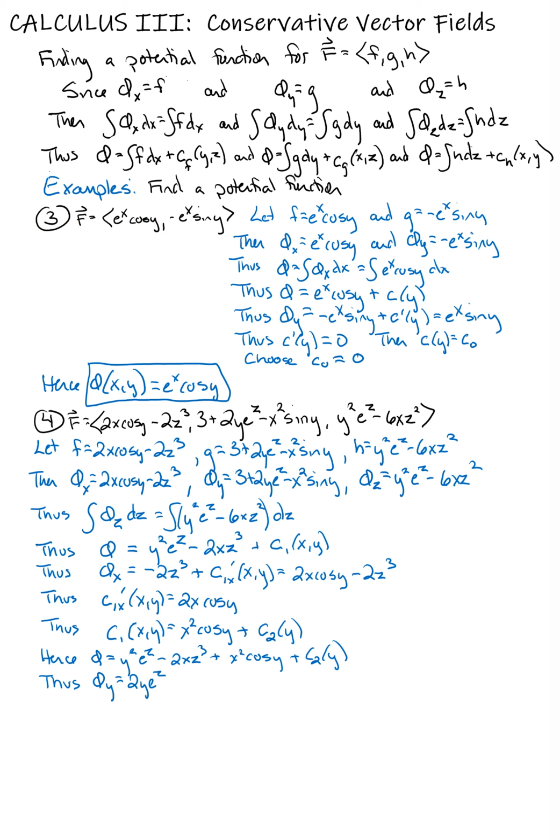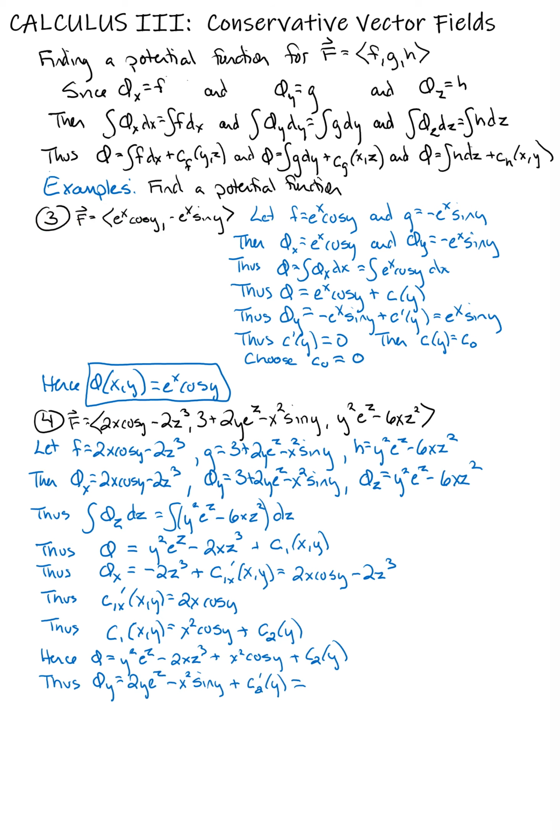Second term is 0, doesn't have any y's, minus x squared sine y plus C2 prime.